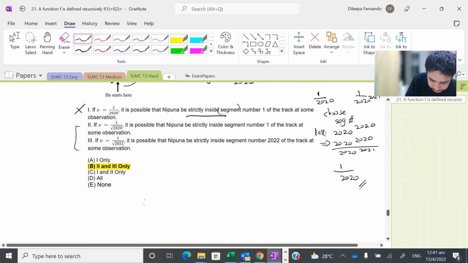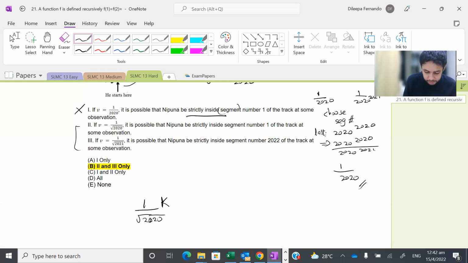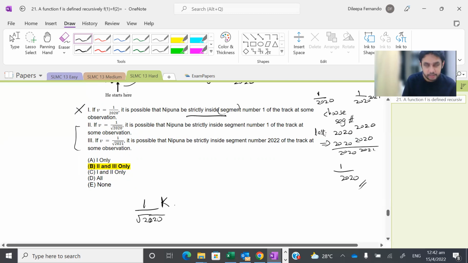So let's say the V is 2020 square root, and let's say into K. So this is the kth observation. So the length towards the kth observation, and let's say we consider the modulo 1.